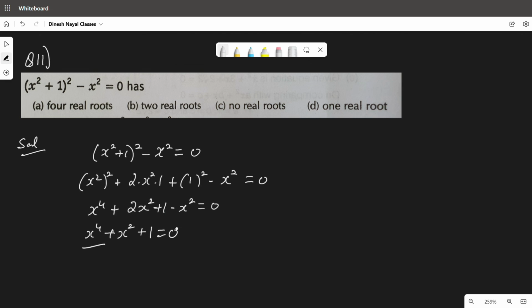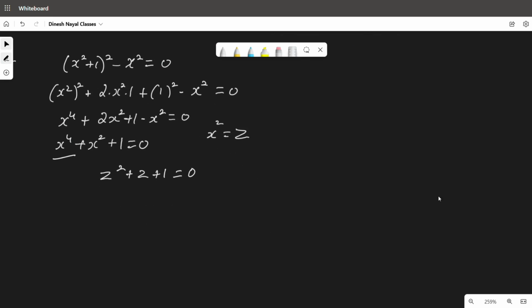Now actually we can convert this into the quadratic form because this is x to the power 4. What we can do is that we can take x square as z. So this will be z square plus z plus 1 equals 0. Now we can find the discriminant for this quadratic equation.